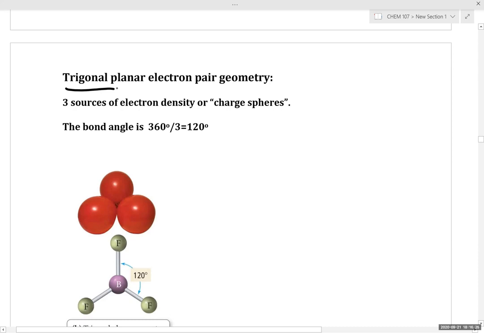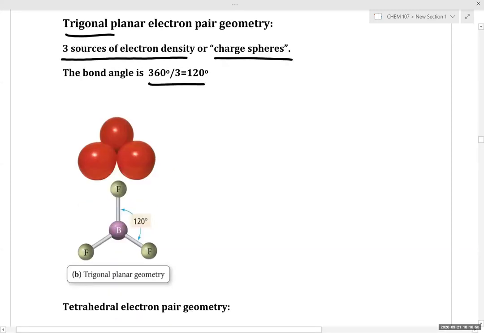The reason why it's called trigonal planar is the molecule is flat and it almost looks like a triangle to me. There are three sources of electron density or charge spheres, and the bond angle is 120 degrees.